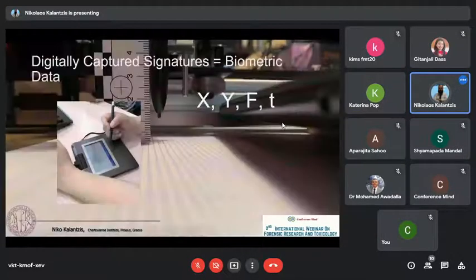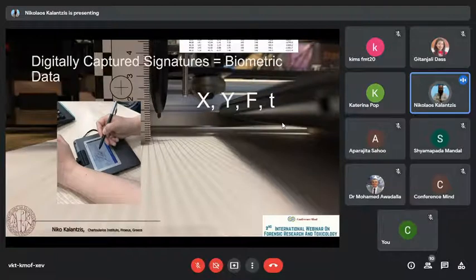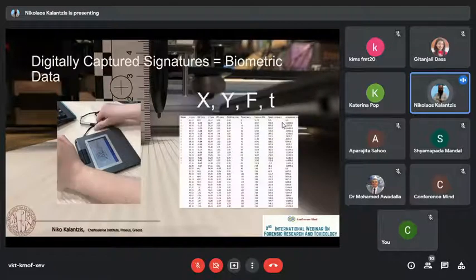Thank you, Katerina. So we've seen how the writer perceives this new device. At the same time, having collected biometric data, we decided to look at the characteristics of that set of biometric data and compare them between the default stylus executed signatures and the LAMY pen executed signatures, to see whether from the aspect of characteristics we had some noticeable difference.